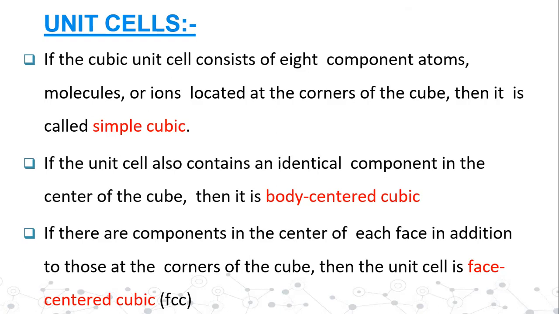So in the face centered cubic, there are 6 atoms in the center of the 6 faces. But in the body centered cubic, only one atom is formed in the center of the cube, and it is an identical component. That is the body centered cubic.